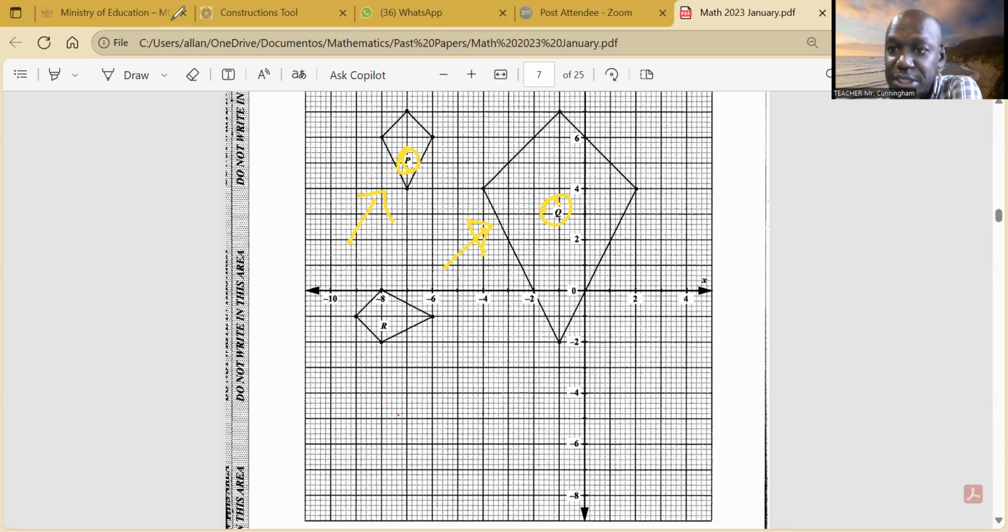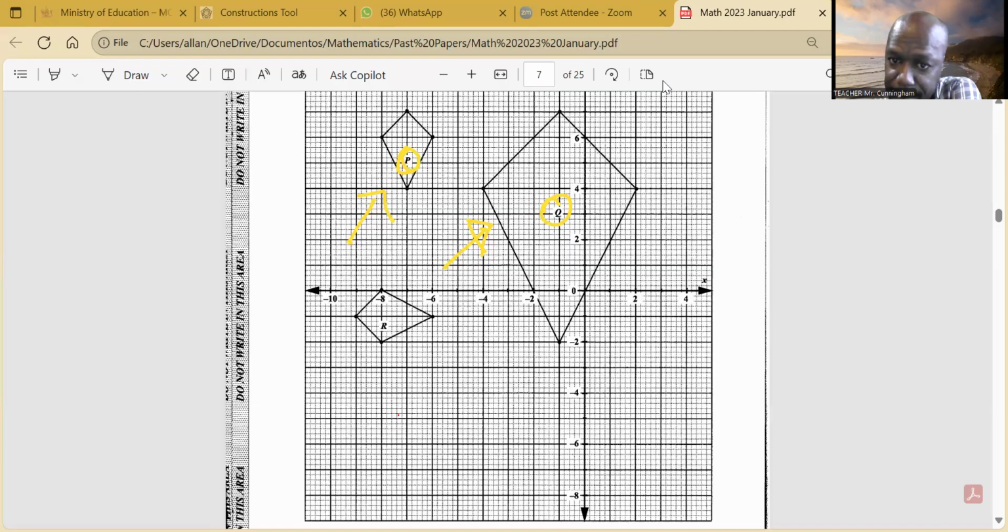What is so interesting about P and Q? So it's reflective. No, reflective is what we just did. They have the same dimensions, like the proportions are the same.